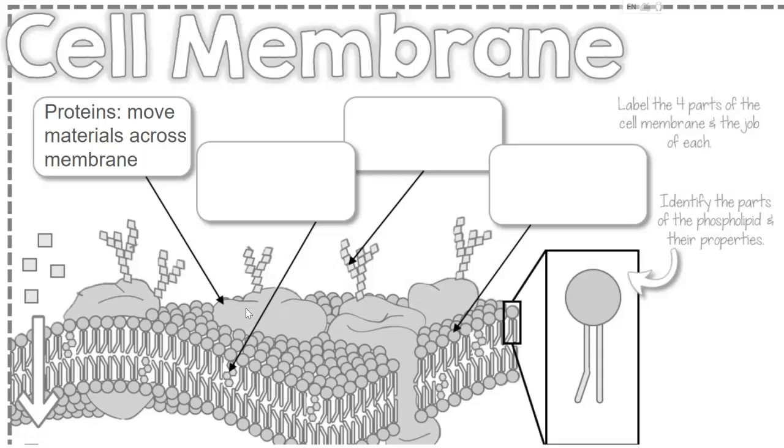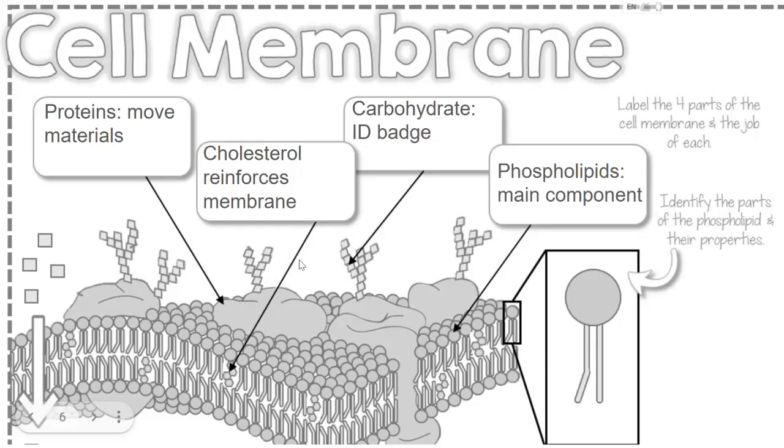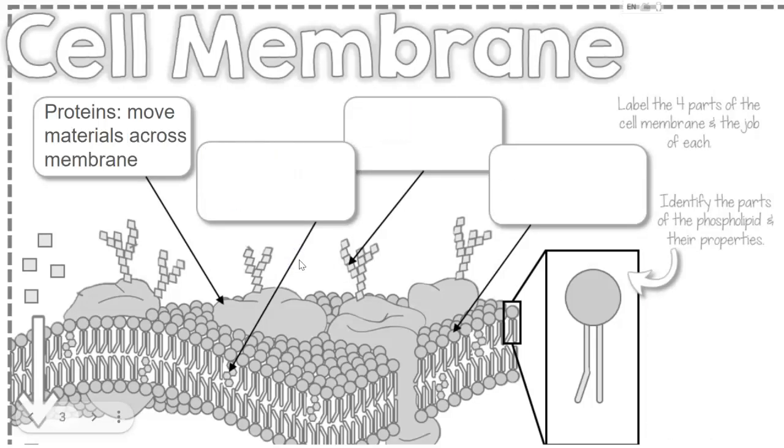Okay. Other proteins might be able to flip within the membrane. Okay, so if it grabs something on the outside of the cell, it might be able to flip it inside and then release it and then flip back to the way it was. It's kind of a cool thing that proteins can do, but they're looking for specific substances to move across the membrane.